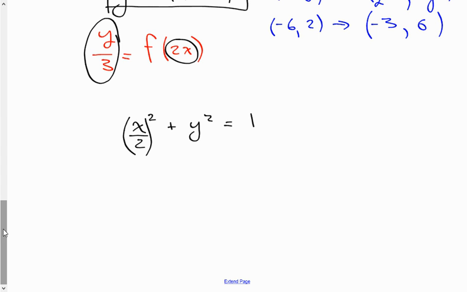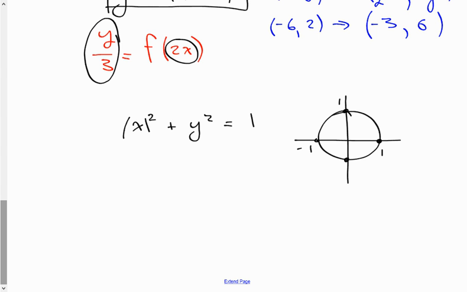So the original would just be a circle centered at 0, 0. And it goes here at 1, there 1, here -1, there -1. But if I put x divided by 2 like this, that would say it's stretched horizontally by a factor of 2. So now it's going to come out here to 2 and there to -2. And I actually get, whoops, an elliptical shape, kind of like that.